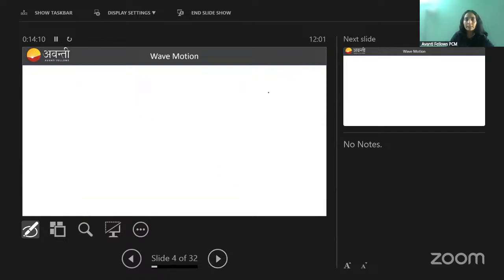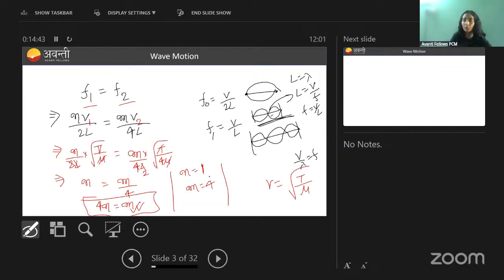Look, I explained so much, thinking maybe you are not remembering the formula, but the simple formula is what? NV by 2L. For both strings sharing the same frequency, you have to simply compare N V1 by 2L equal to M V2 by 2 into L, because the length is L. Simply equate it, you will get a relation between N and M, and for the minimum frequency of the composite rod, you just need to select integers in such a way that you are getting the minimum values of N and M. So here we did that, N equal to 1, M equal to 4.